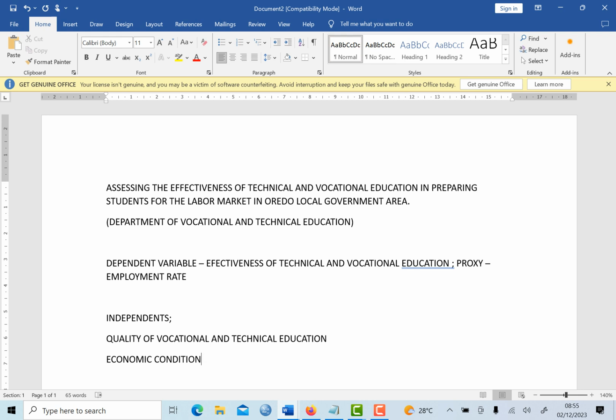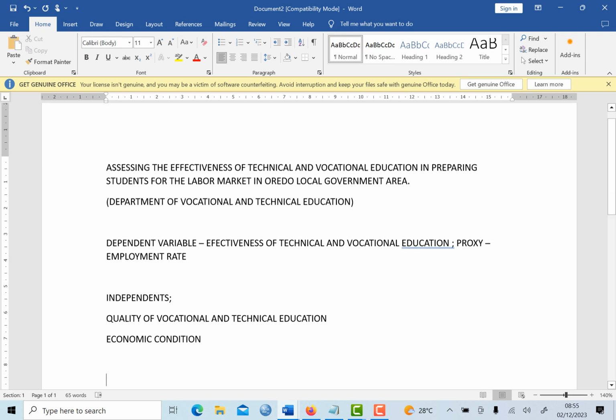The quality of that education can affect the effectiveness. Then the economic condition can also affect the effectiveness, which is proven by employment rate. So the quality of vocational and technical education can affect the employment rate of these students. The economic condition can also affect the employment rate of the students.